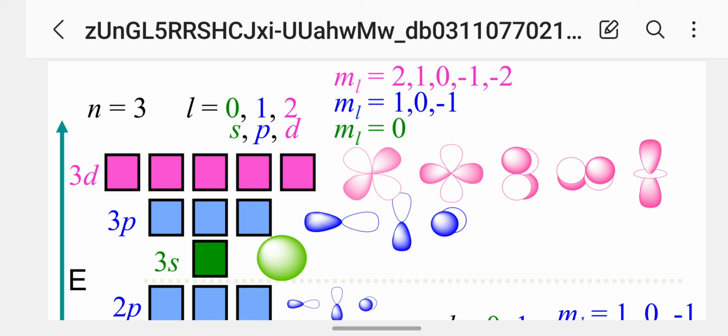For n equals 3 we have this condition. We have this one orbital, this one orbital, this one orbital. It is clear up to that.